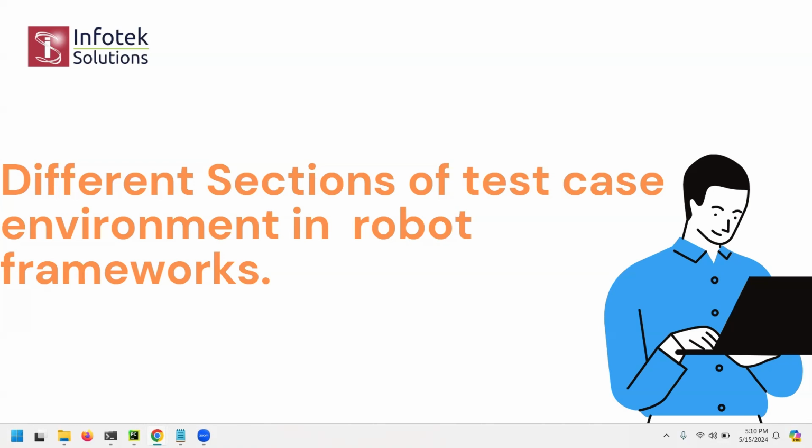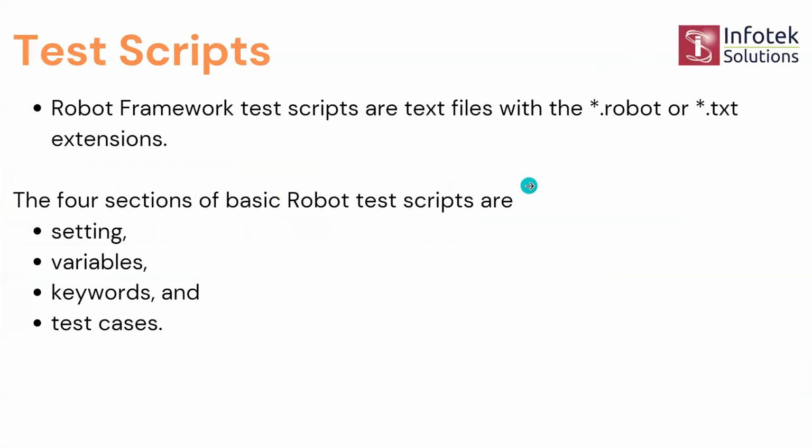When we write a test case, we come across different sections. One section is settings. Another is variables. The next one is keywords, and the last one is test cases. Robot framework test scripts are test files with .robot or .txt extension.